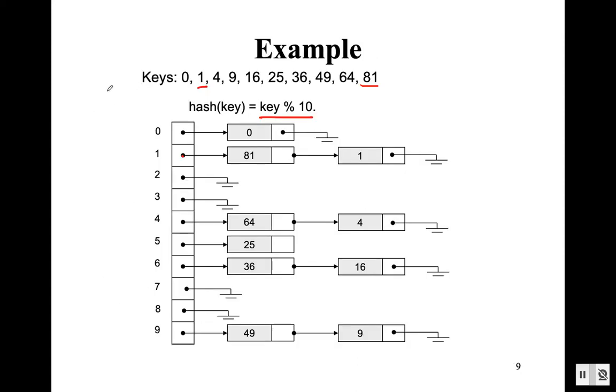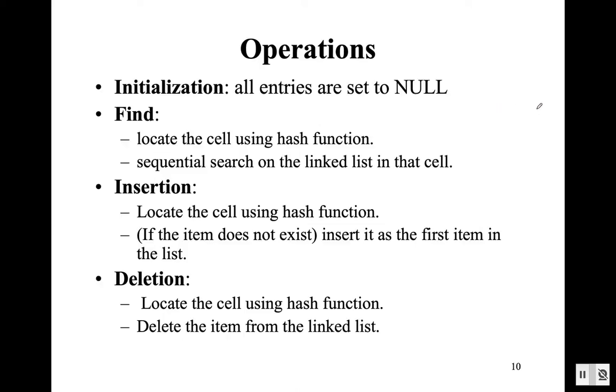For example, in this example, we have 10 elements in the hash table, and the size of the hash table is also 10, so here the load factor is 1.